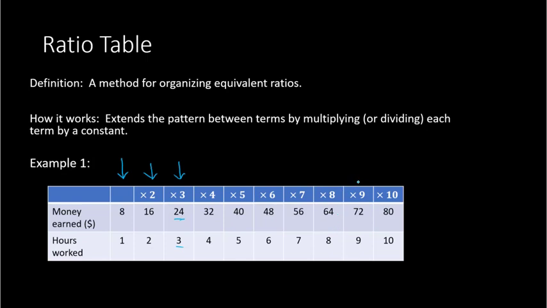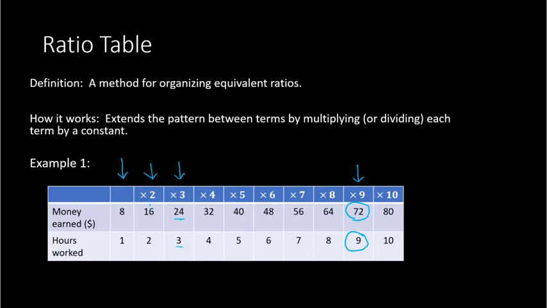So if I were to ask you how many hours are needed to work to earn $72, you can look right here at the table and we see money earned is $72, and to make that happen you must work 9 hours. So we can use the different columns in this table to answer questions like that.